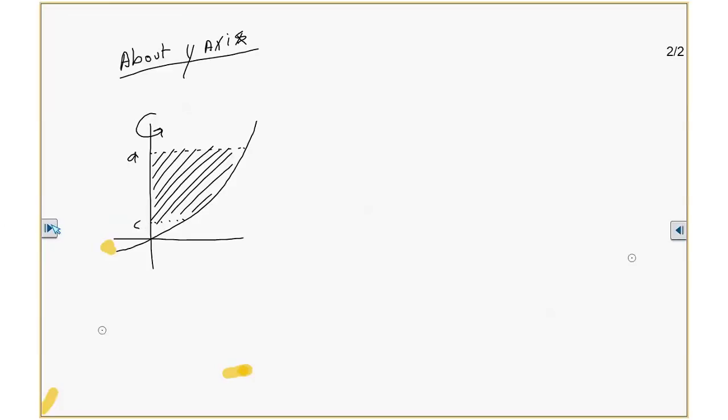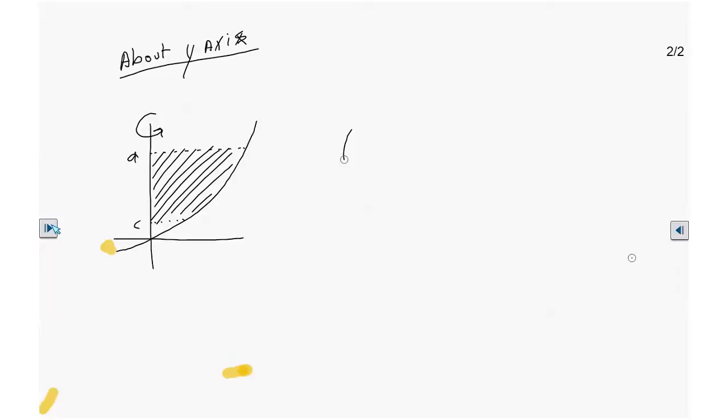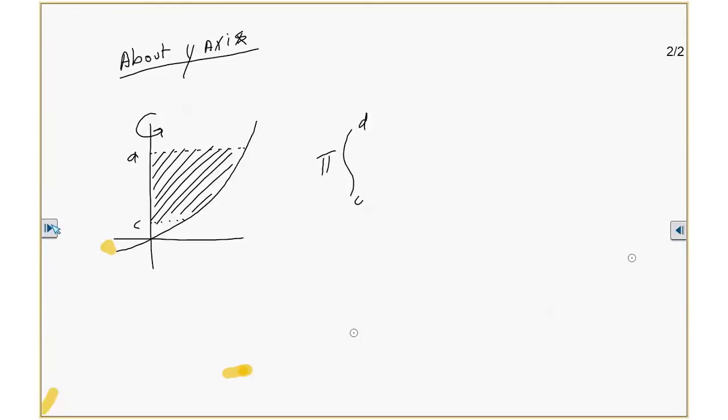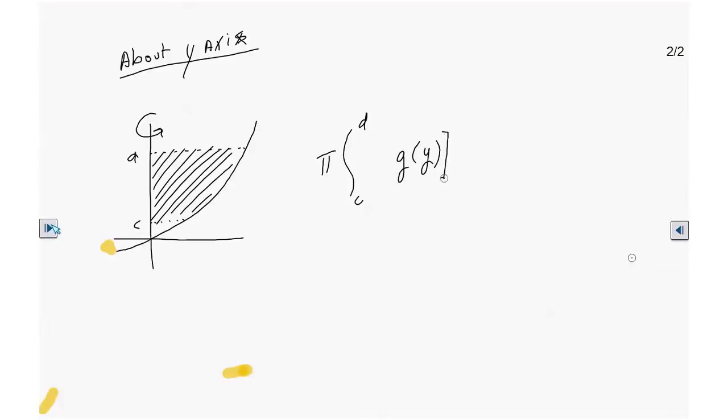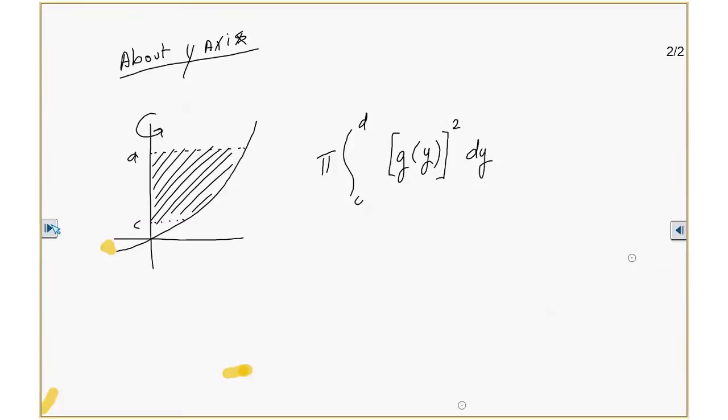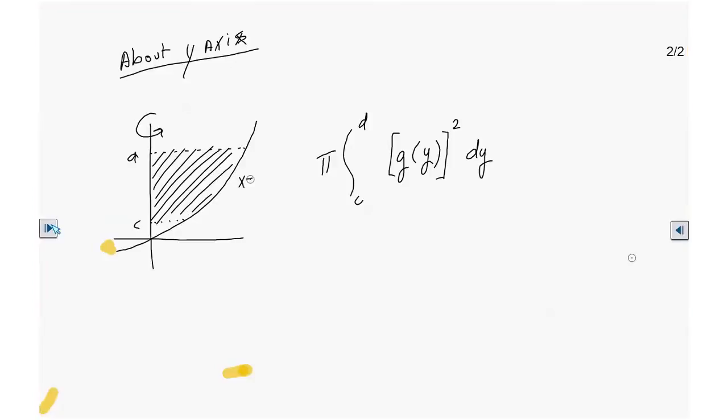That's not going to be anything but the antiderivative with pi out front from C to D of g of y squared. So you have to have this in terms of y. X is equal to g of y.